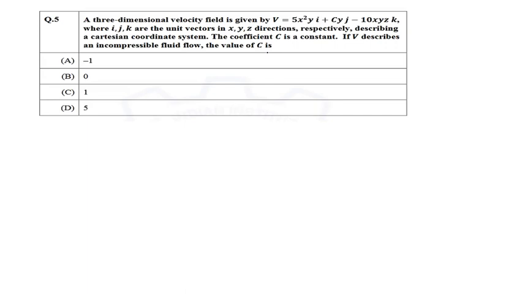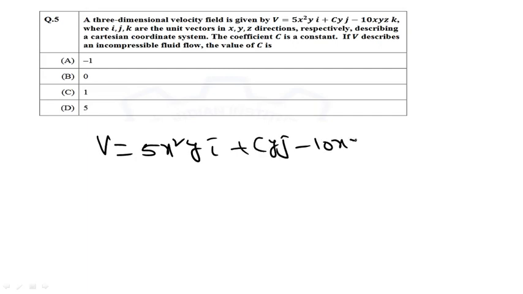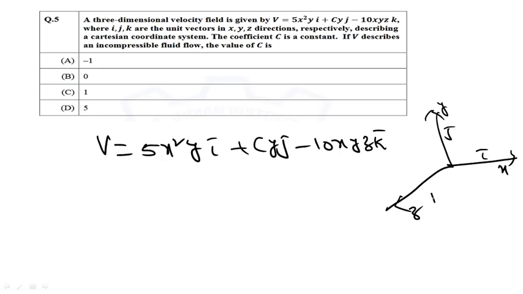Okay. So given V is 5x squared y i bar plus c y j bar minus 10xyz k bar. So this is a velocity in three dimensions, where the unit vector along the x-axis is i bar, along the y-axis is j bar, and along the z-axis is k bar.